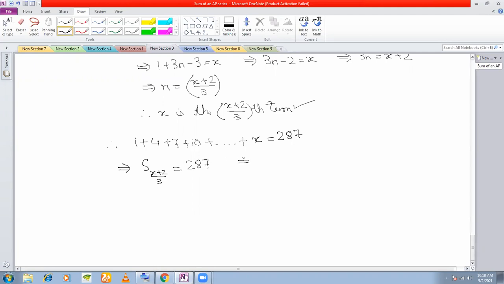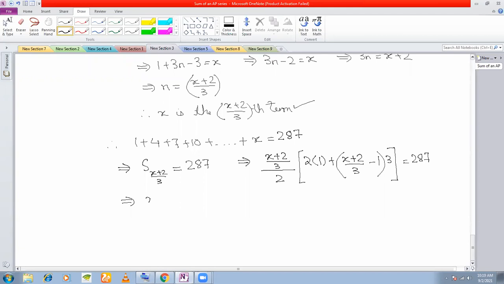Now use the formula. n by 2 into twice a1 plus (n minus 1) into d. n here is (x plus 2) by 3, d here is 3, is equal to 287.